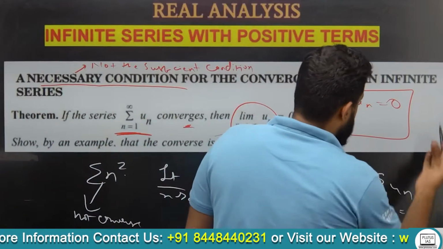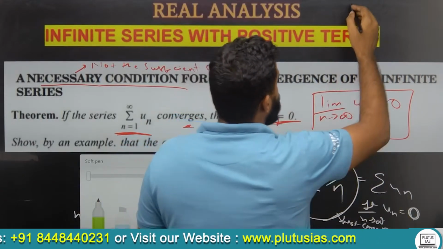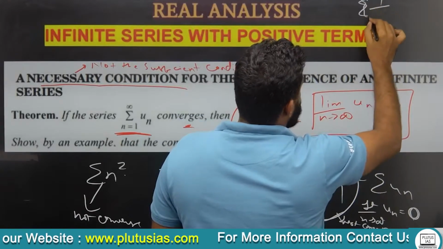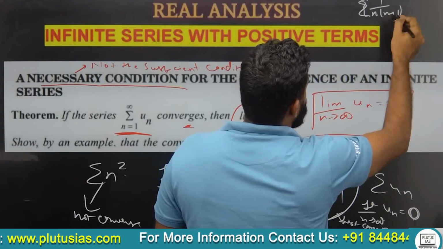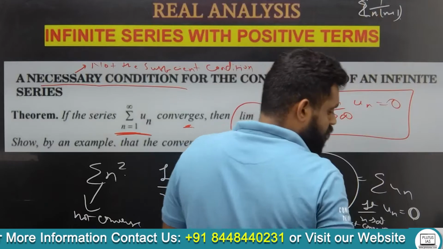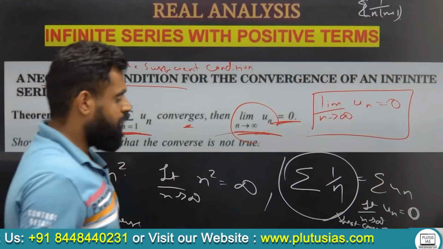In that case also we have taken another case where I proved that summation 1 upon n plus 1 is convergent. See, you take the limit n tends to infinity, it is equal to 0, and we have proved that it is convergent. But in some cases it won't be the case.